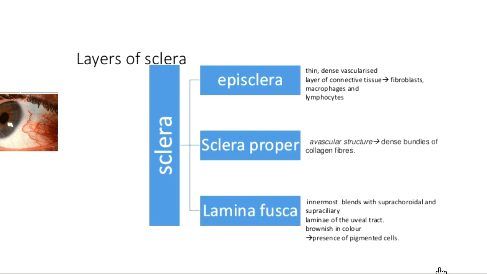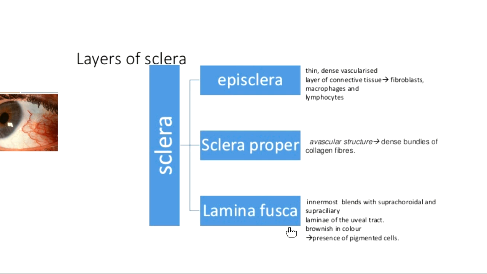So what you need to know, it will help, you really don't need it, but it will help to know a little bit of the different layers of the sclera, okay? You have the episclera, which is the vascularized layer of connective tissue, right? The sclera proper is actually an avascular structure.